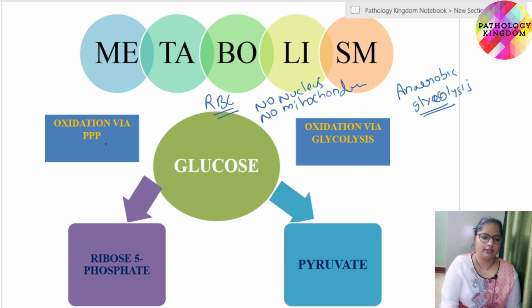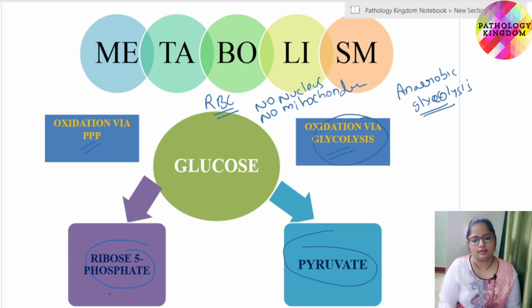So it is via pentose phosphate pathway or glycolytic pathway. This is the main pathway. In this, the glucose is converted into pyruvate, and in the other, ribulose 5 phosphate is the main compound, as there is production of NADPH.